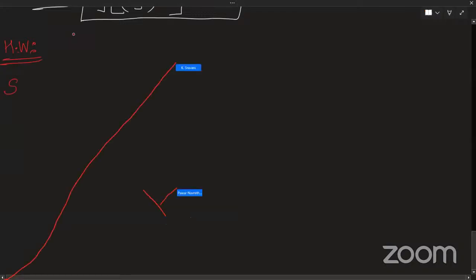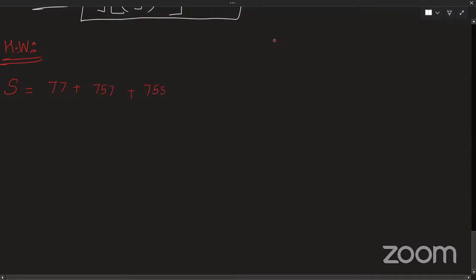I have S equal to 77 plus 757 plus 7557 plus 75557 plus so on, plus the last term in which 5 comes 98 times, and then 7. Fine. So you need to find S.